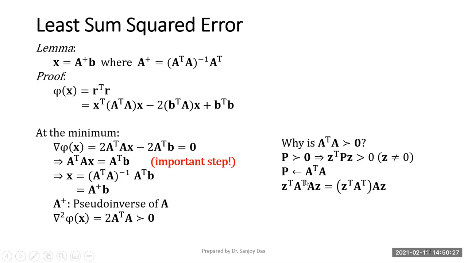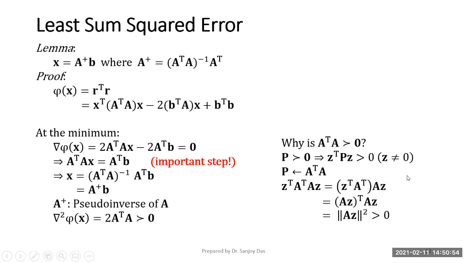Simplifying, this becomes Z transpose A transpose, I take within parentheses, and this, I take the transposition outside, so this becomes AZ whole transpose, and then AZ, which is the L2 norm of this vector AZ. Correct? And that's always greater than 0, since Z is not equal to 0.